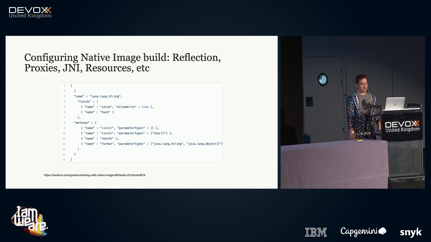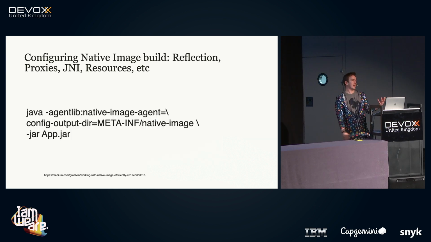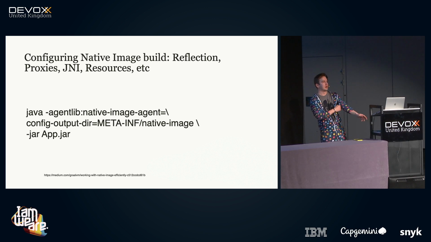So to help with this, there is tooling that can help. Namely, there is a Java agent that you can attach to your normal Java process when you run your application. It will record everything that needs to be configured. It will record all the reflection usages, it will record the resource usages, and so on.